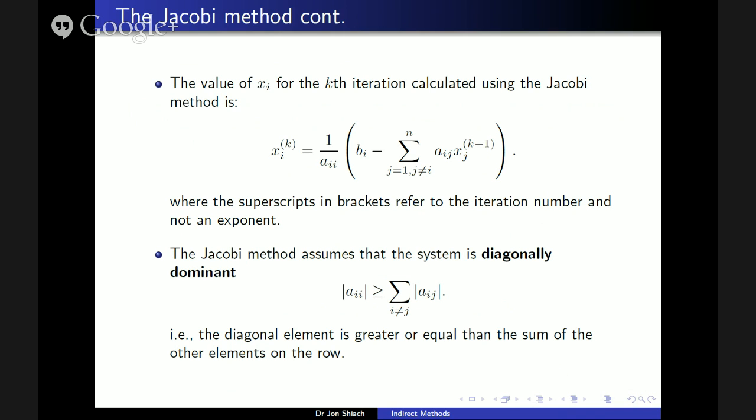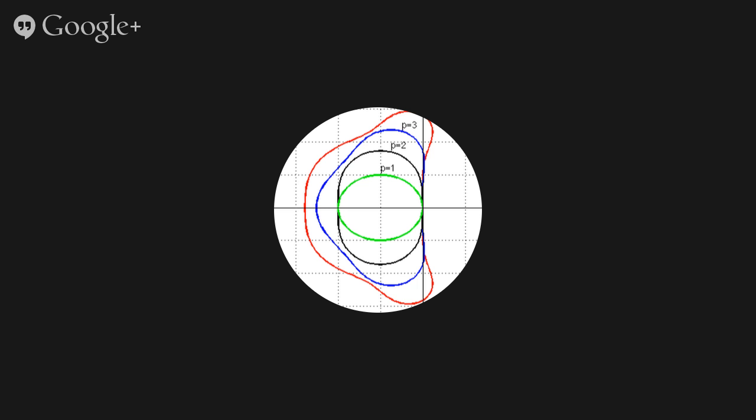We could write this using summation notation. This is for the ith value of x. The notation I'm going to use here is that the superscript denotes the iteration. I've put my superscripts in brackets just to show you they're not powers, they're not exponents. The superscript just says that's the kth iteration. The subscript i means whatever the ith value of x is.